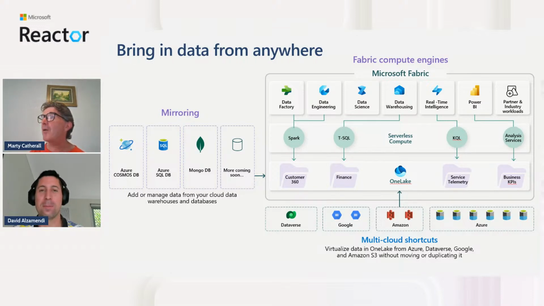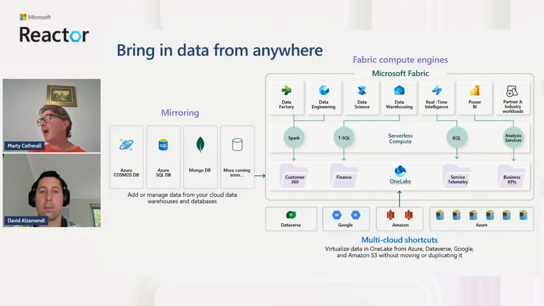So we can see there on the right-hand side, it talks about the Fabric compute engines. And we can see that different engines can use different coding languages. We've got Spark, we've got T-SQL, we've got KQL, and we've got Analysis Services, the language of Analysis Services, which of course Power BI knows and loves.